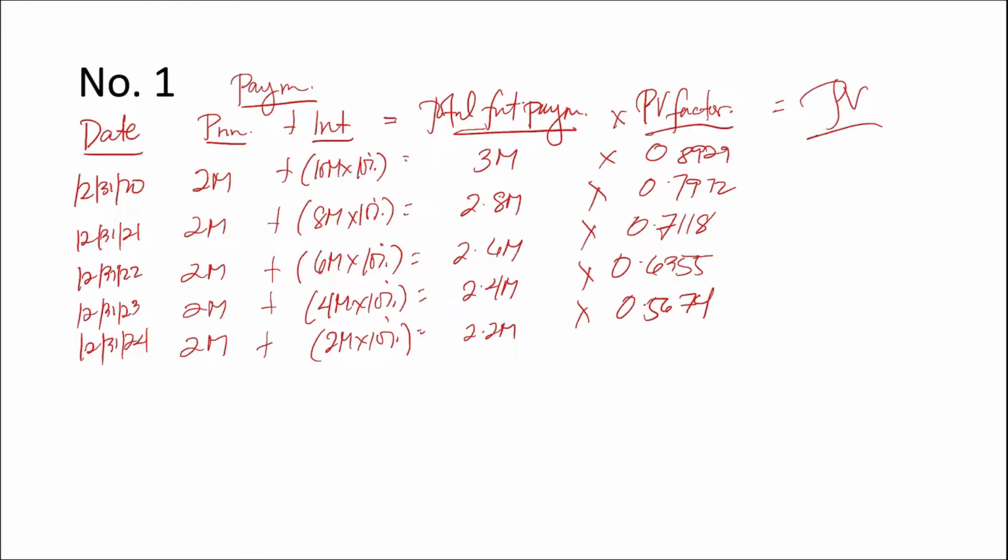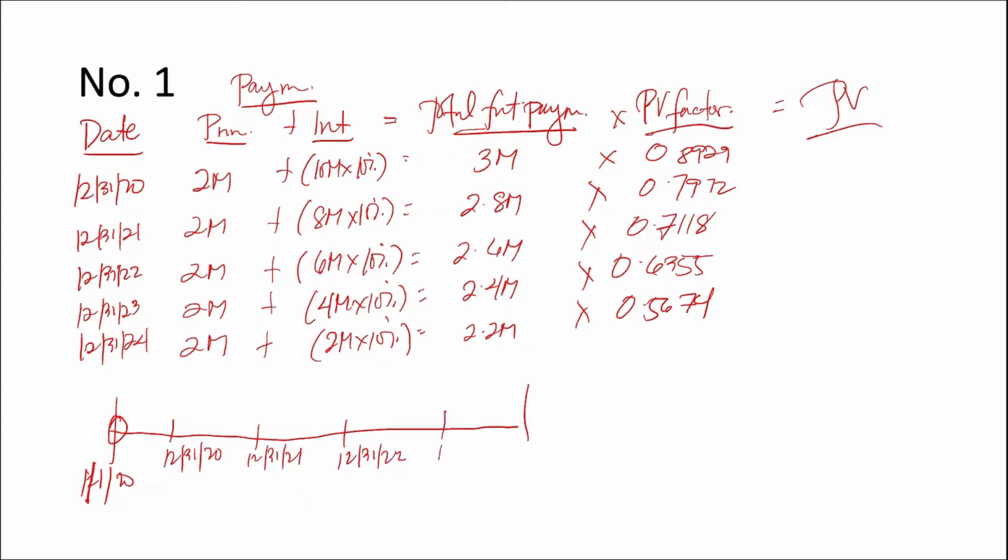Now, sir, ano nga ulit ang logic? Bakit nagkaganyan yung mga present value factors natin? Ganito kasi, chart natin. Tandaan nyo, ang point zero natin ay hindi December, but rather January 1, 2020. First period natin is December 31, 2020. Sumunod, 2021, 2022, 2023, and 2024.